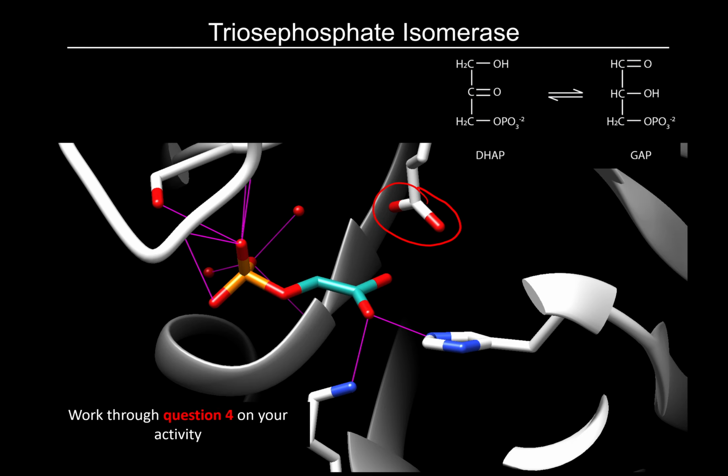Okay, so question 4 in your activity is going to walk you through how this happens. And the one thing that I want to point out is that in this mechanism, it's going to be initiated by deprotonating a carbon. And that's uncommon, but that's how it starts. Step number 1 is deprotonate a carbon. Okay, so I'm going to give you a few minutes here to go ahead and work through that.